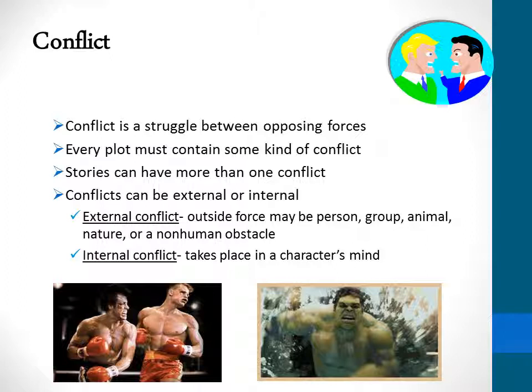Then you have on the right-hand side a Marvel character called the Incredible Hulk, whose internal conflict manifests itself in a physical way. So every time mild-mannered scientist Bruce Banner gets angry, he turns into a giant, raging green monster.